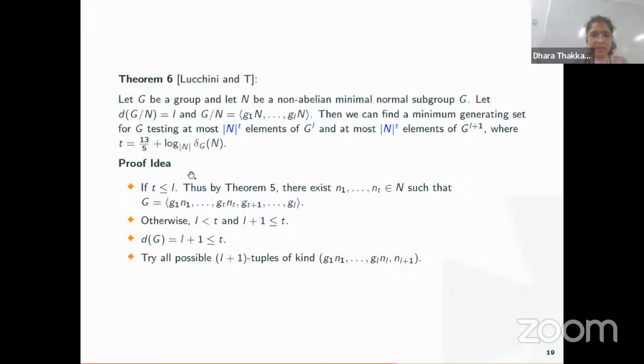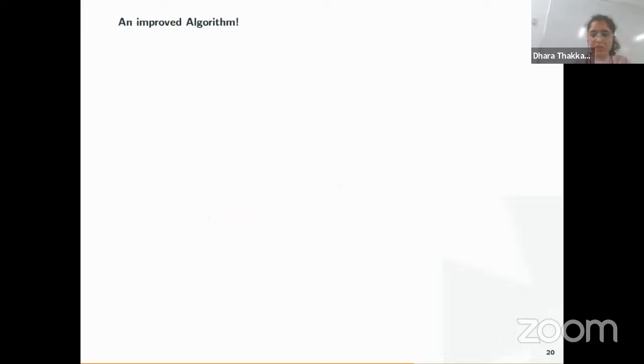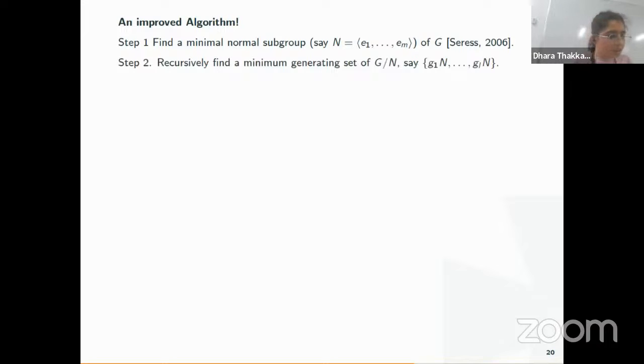Now, let us see how this theorem gives us the algorithm which is polynomial time. So the improved algorithm is as follows. Step 1 is as it is, where we find a minimal normal subgroup N. Suppose that recursively we have a generating set for the quotient group, which is g1 N, g2 N, to gL N. Now in step 3, we first check whether N is abelian or not.